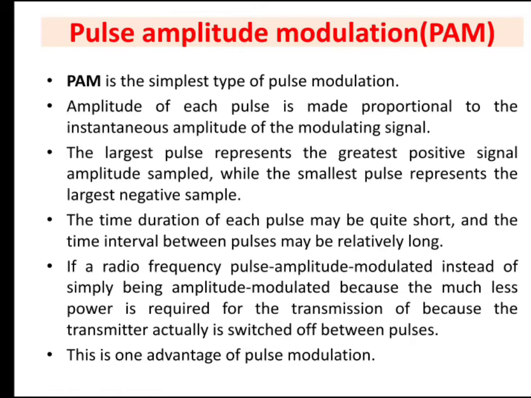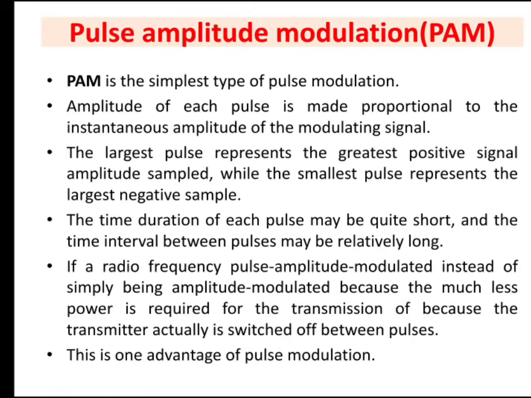Here there will be a modulating signal and a pulse signal, and the amplitude of the pulse signal is made proportional to the instantaneous amplitude of the modulating signal. The pulse signal's amplitude changes in accordance with the modulating signal's amplitude.